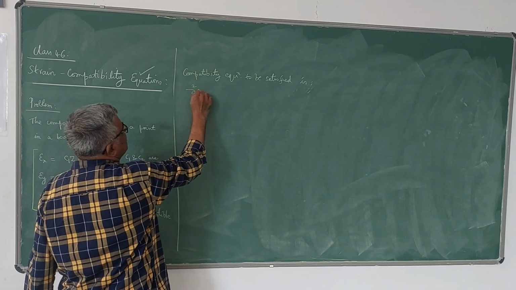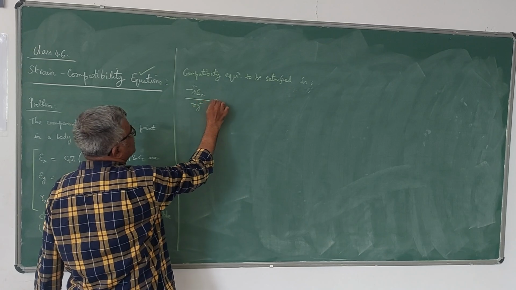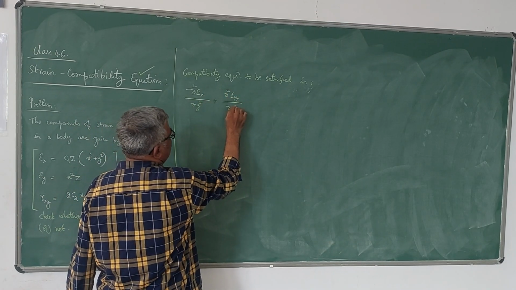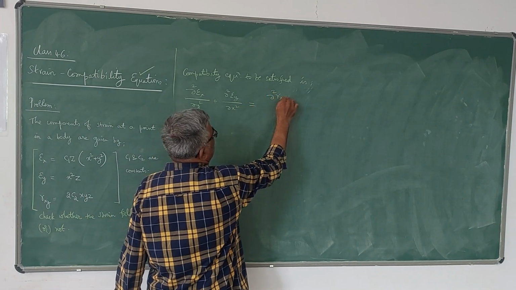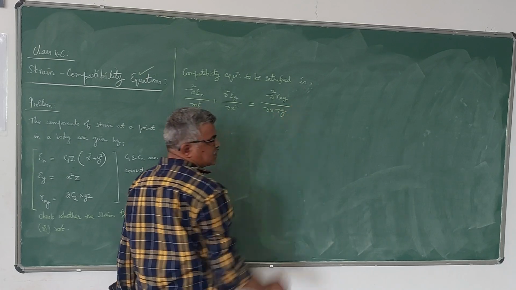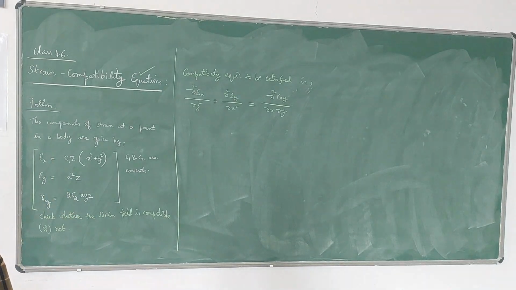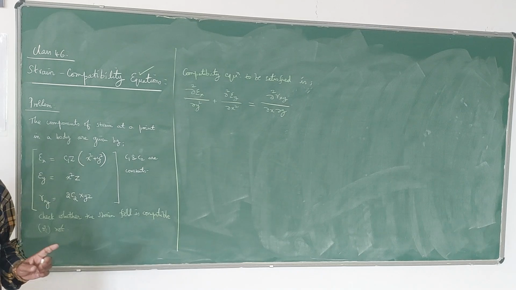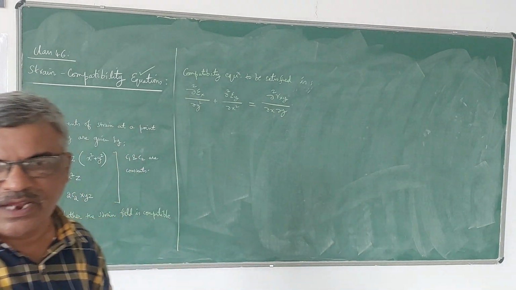The equation, which we have just derived, is: dou square epsilon x by dou y square plus dou square epsilon y by dou x square should be equal to dou square gamma xy by dou x dou y. Correct? If this equation is satisfied, then we say that the strain field is compatible. If this equation is not satisfied, then it is not compatible.